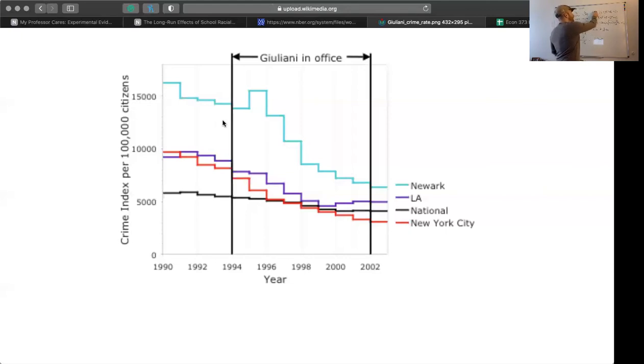But generally speaking, in order for parallel trends to be persuasive, it does not require that the trends actually lie on top of one another, or that they have the same baseline crime rates or the same baseline employment rates or the same baseline profits.